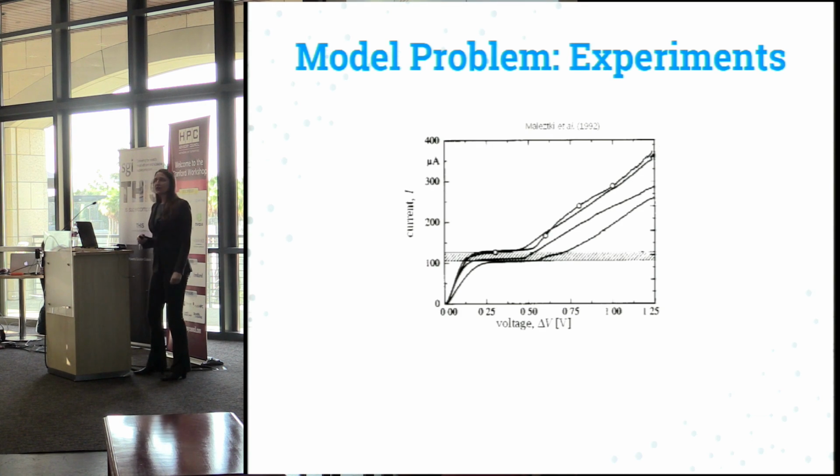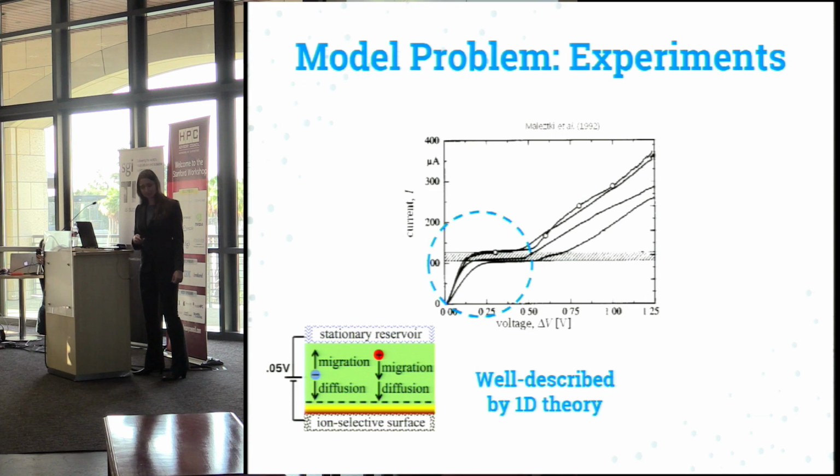So what got us interested in this problem to begin with is that experimentalists have basically looked at the system and applied a voltage across this membrane and measured the current output. And so they end up with these 3 current regimes. And what they see is that at these very low voltages, the experiment is well described by 1D theory.